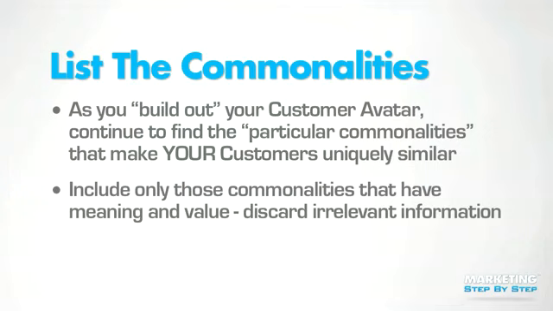Now, when you create your customer avatar in your mind and start writing down a description of them, it's not going to be a description of a regular, normal person. You're not going to say, this is a Caucasian female that's 5'6" tall and 130 pounds, because that's general. That would be a description for anyone. You're going to be describing only those things that make them a good prospect.